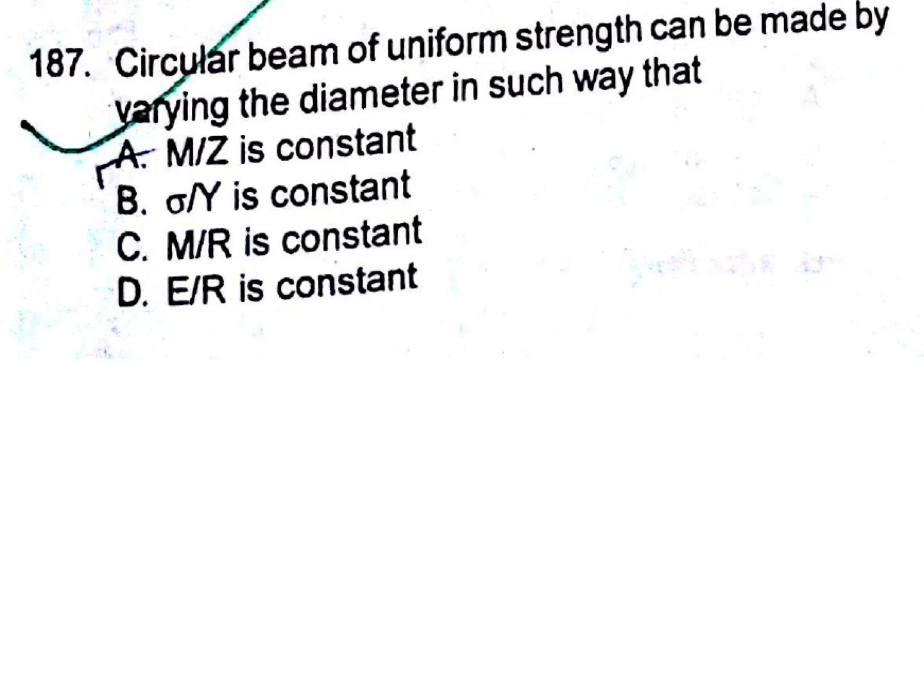Question: a circular beam of uniform strength can be made by varying the diameter in such a way that the bending stress is constant. Constant bending stress gives uniform strength of the circular beam.